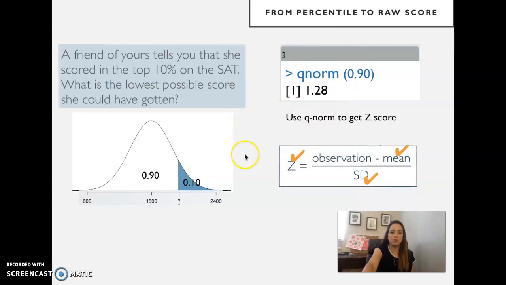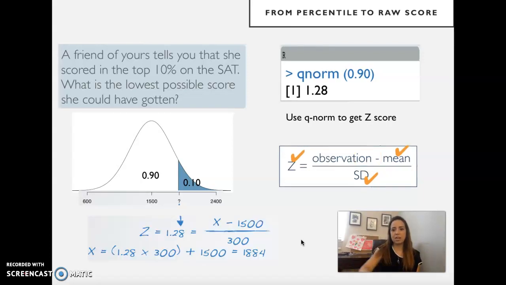If you know the z-score, and you know the mean and the standard deviation of the SAT test takers, now the only unknown is the observation. So you can compute that by doing these steps. Just set up the equation.